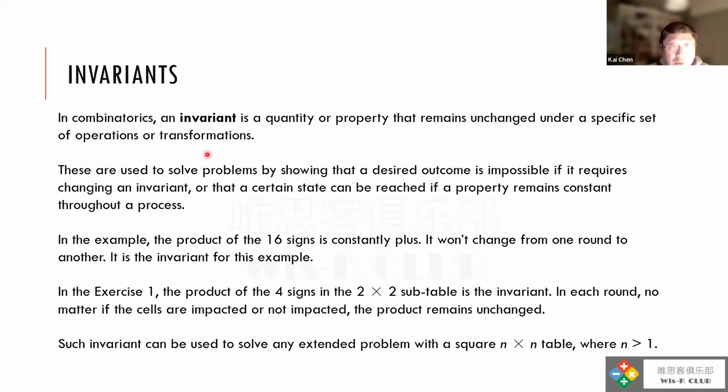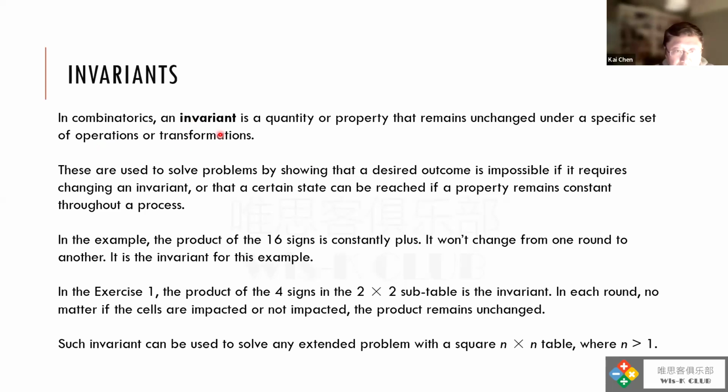But according to the rule of the operation, this quantity will never change. So we call it invariance. Invariance is a constant value across this whole procedure.